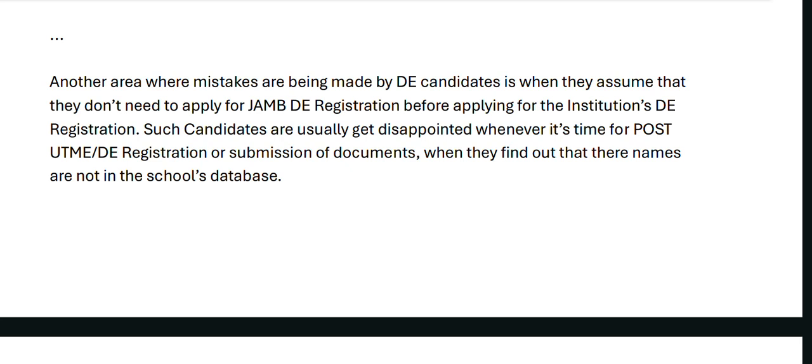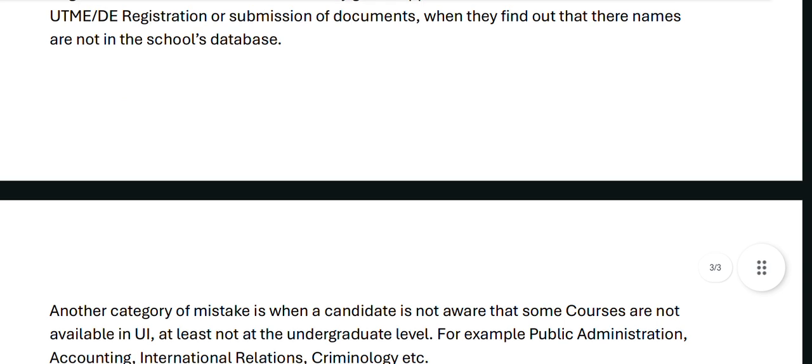That's when they will find out that their data is not with UI, because JAMB did not send their data since they did not register. You are using your JAMB registration number and your surname to log into the UI admission portal to begin your post-UTME or DE registration. So if you do not register for JAMB, how do you want to log into the UI portal?